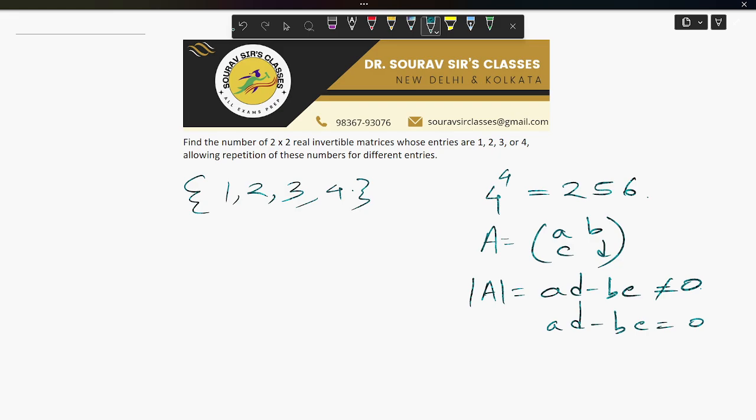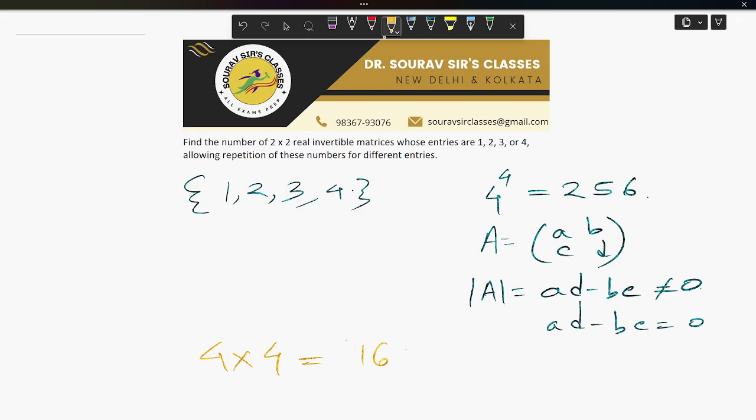So now choose B and C. Each of B and C can be any of the 4 values. So there are 4 cross 4, that is equal to 16 choices here.